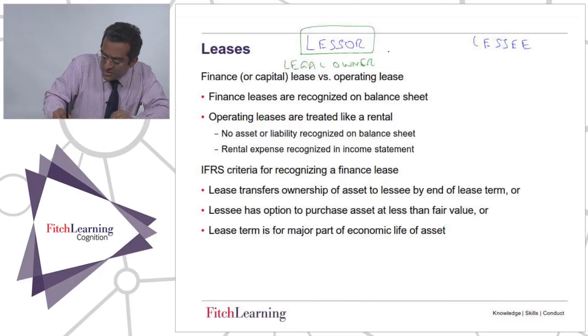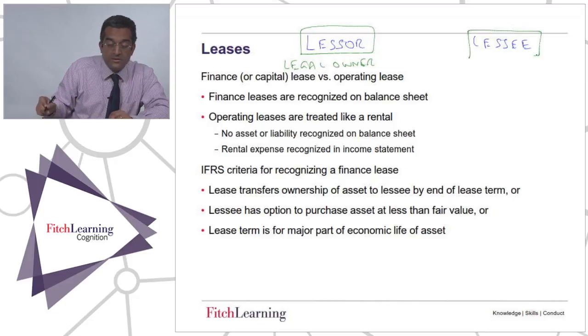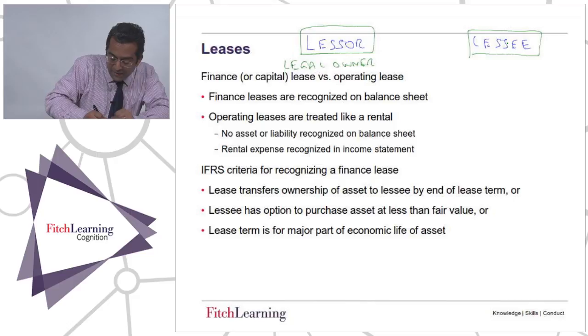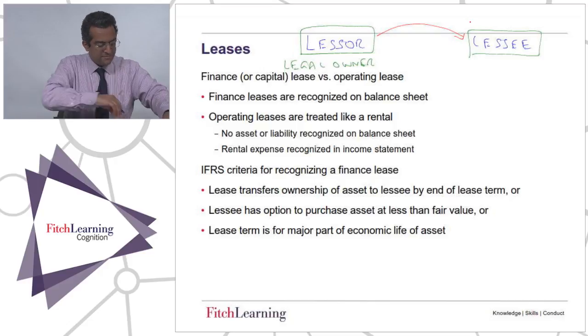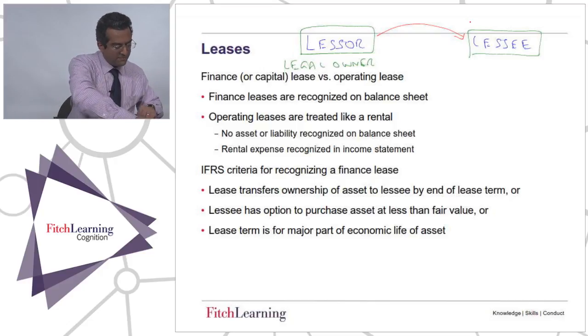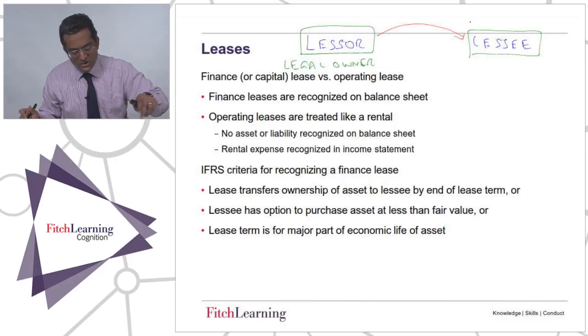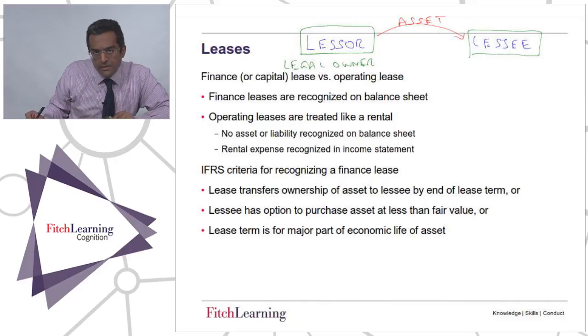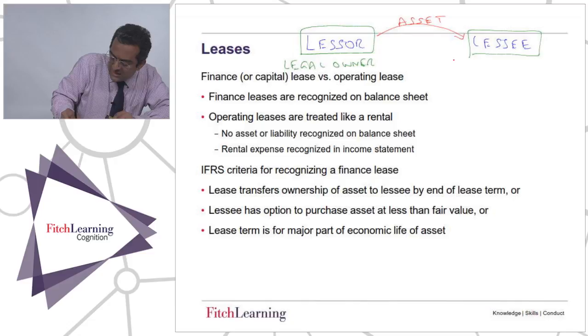Now, the party which needs the asset for a time period is called the lessee. They will not be the legal owner, not at all, but essentially the asset will be with them for a temporary time frame. The asset transfers to the lessee, just temporary though, and in return the lessee will be making lease payments.